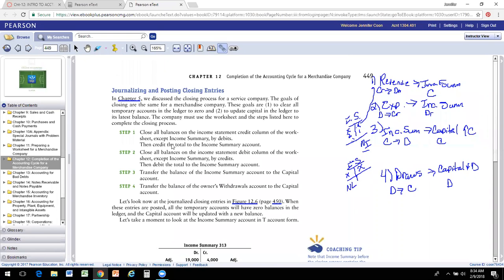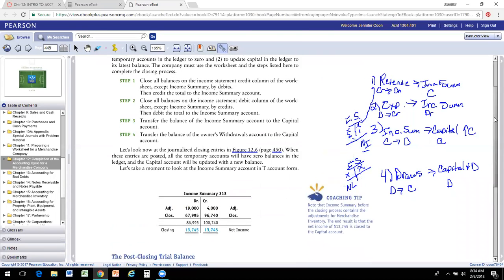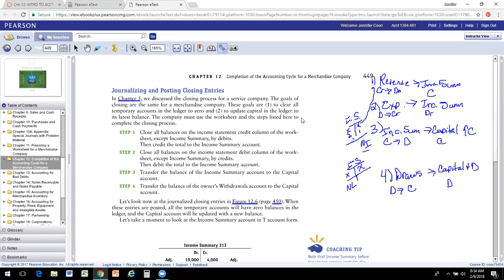Here's the closing entries. So they're telling you to close out all of those amounts, transfer it over to the income summary account, and it goes to capital, just like I did in this little blip right here. So there is your journal entries, and then they didn't give you the actual journal entries that showed you everything, but yeah, should be good.